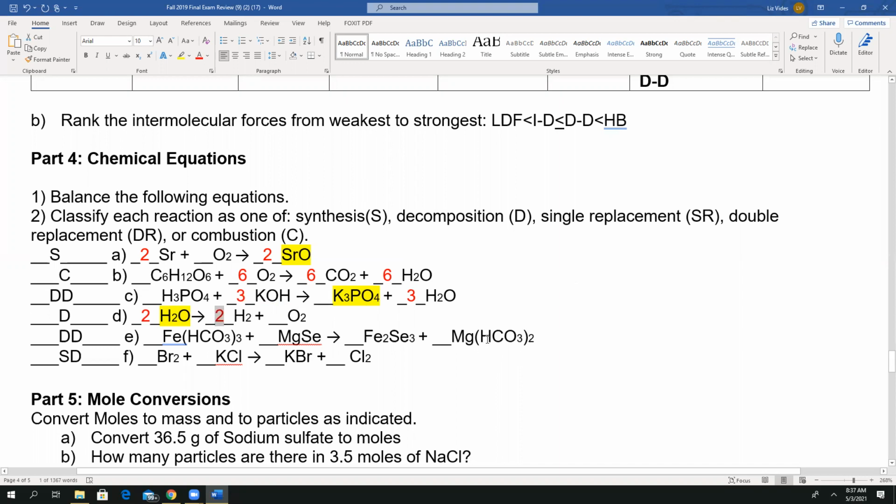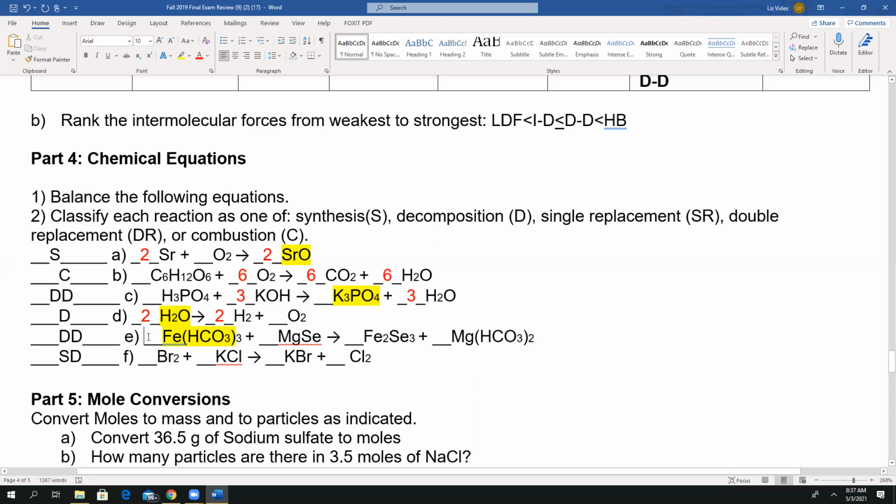Okay, for this one, what you need to look at more, obviously, is this guy, right? This would be the one I would concentrate on because it's got the most atoms. And look through and say, okay, look, I have 2 of these. You see that? Only have 1 right here.